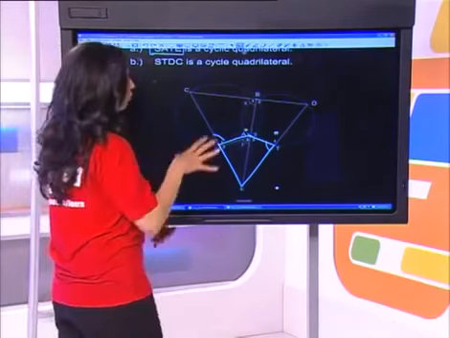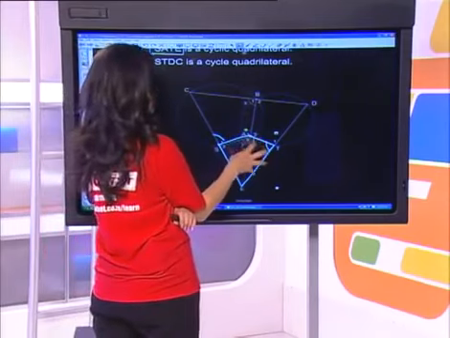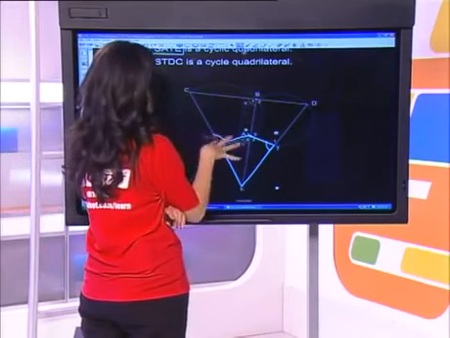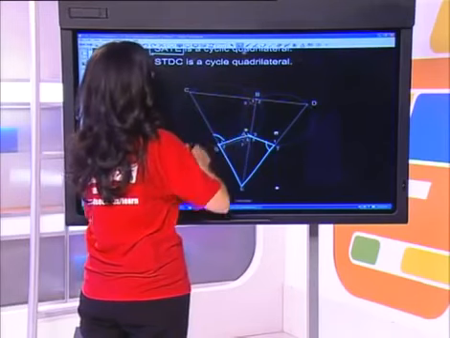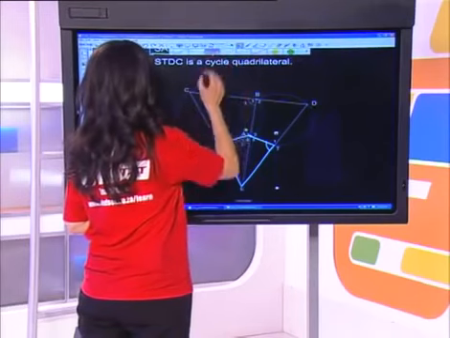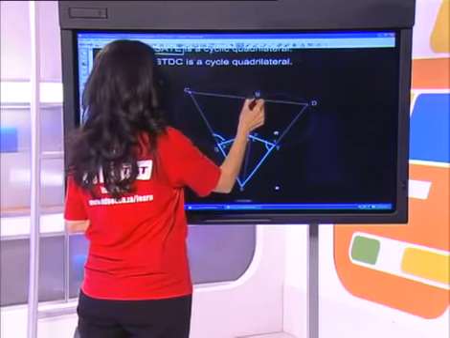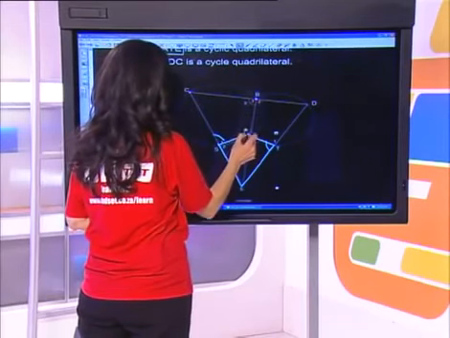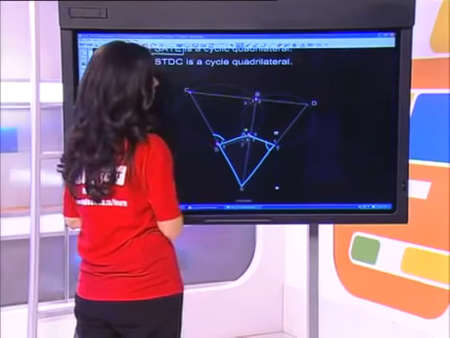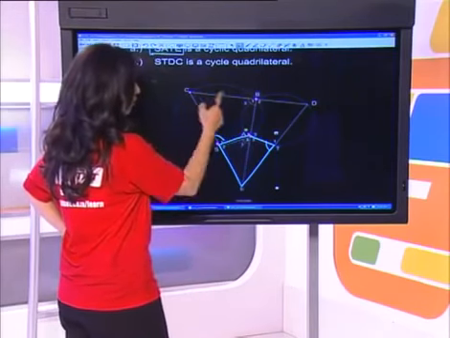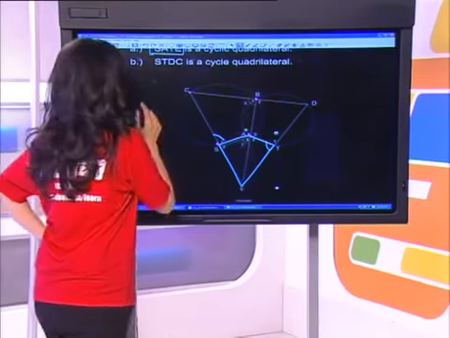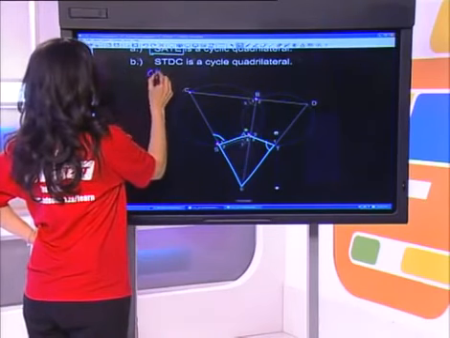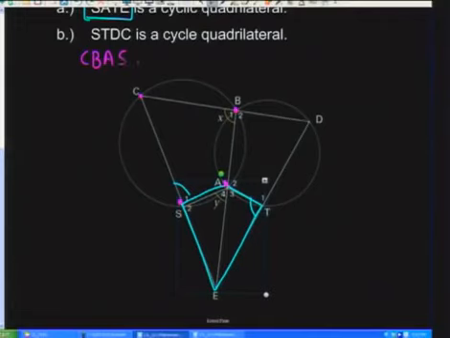And then if we go to what's given, okay, so that's where we're going. If we look at what's been given, we go C, B, A, S. What is that? Those points on the circumference, C, B, A, S on the circumference. So what kind of shape is that? They are on the circle. So C, B, A, S is a cyclic quad.